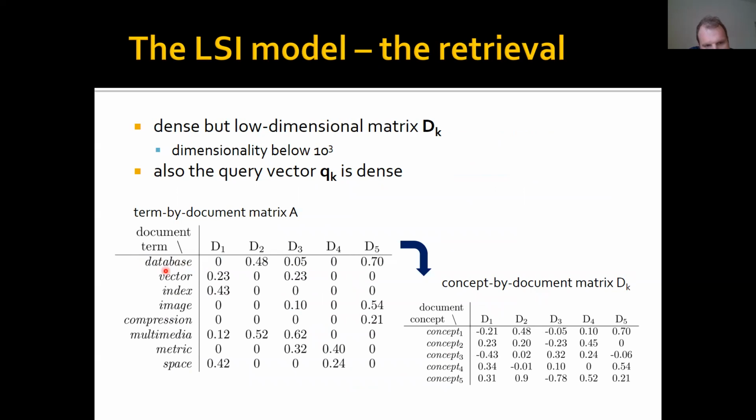For example, here we had names of the terms, database, vector, everybody understood, but now we have concept 1, concept 2, concept 3, and we cannot name them. We can just describe them by the linear combination, and the linear combination, of course, can also include negative weights. So it's quite tricky to interpret.